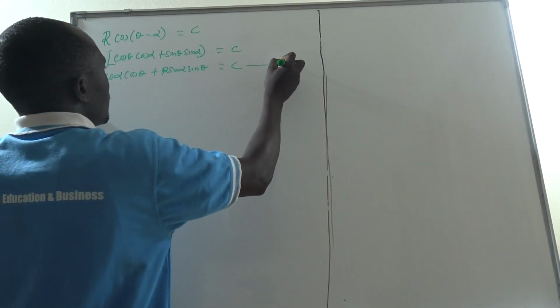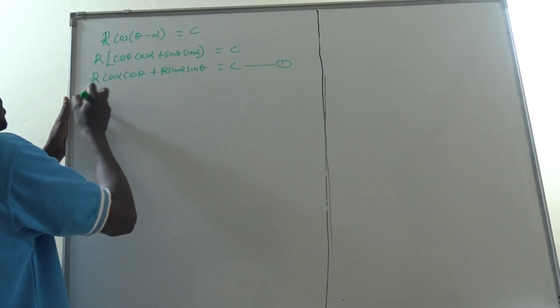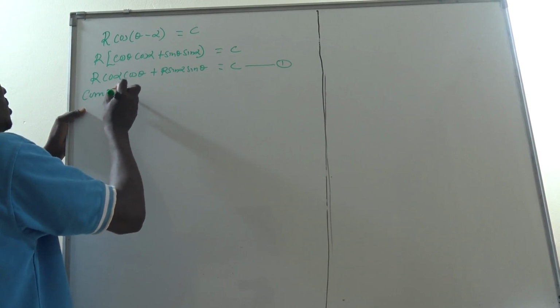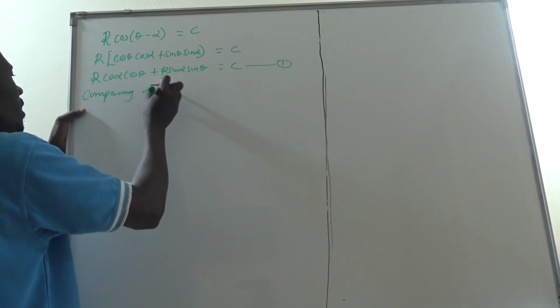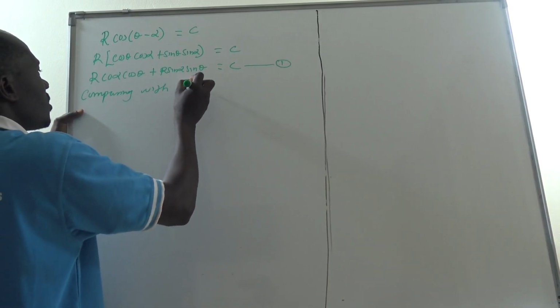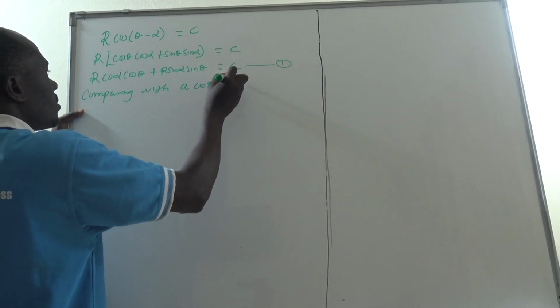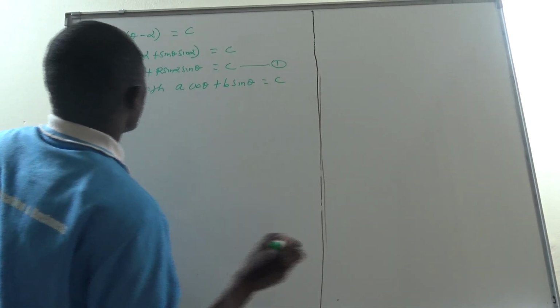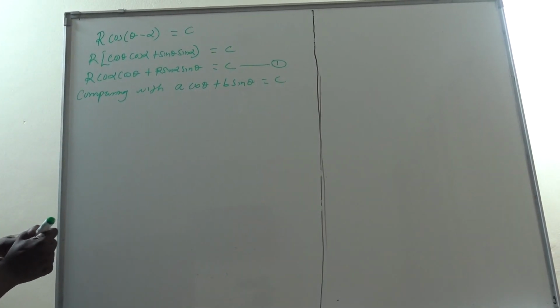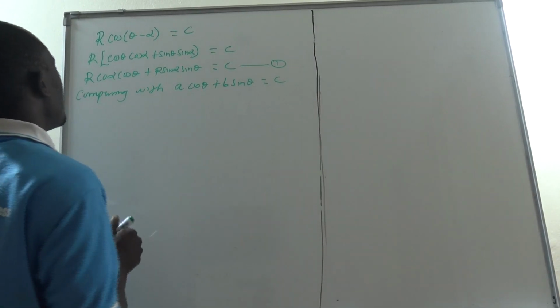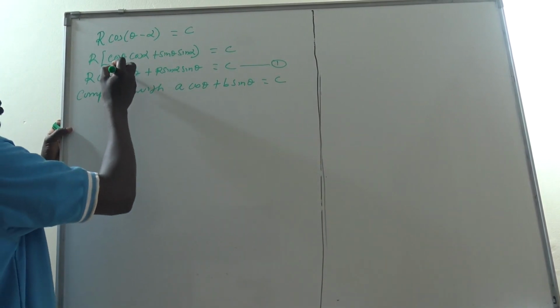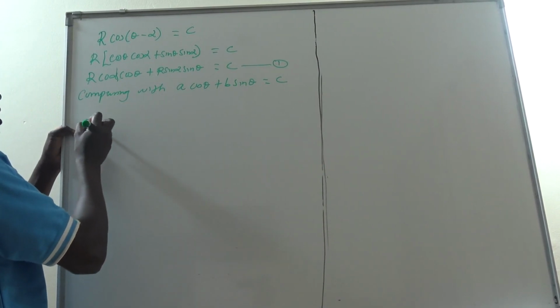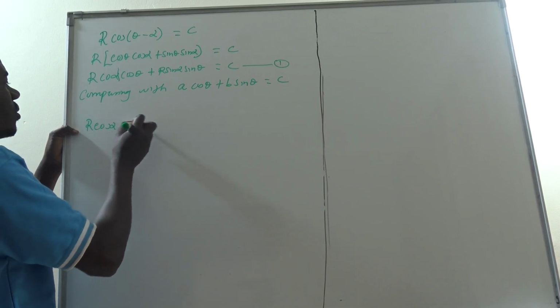I can say this is the first equation. We can say comparing with a cos theta plus b sin theta equals c. So I want to compare these two equations and see what best thing can come out. When we compare, we shall start by saying r cos alpha equals a.